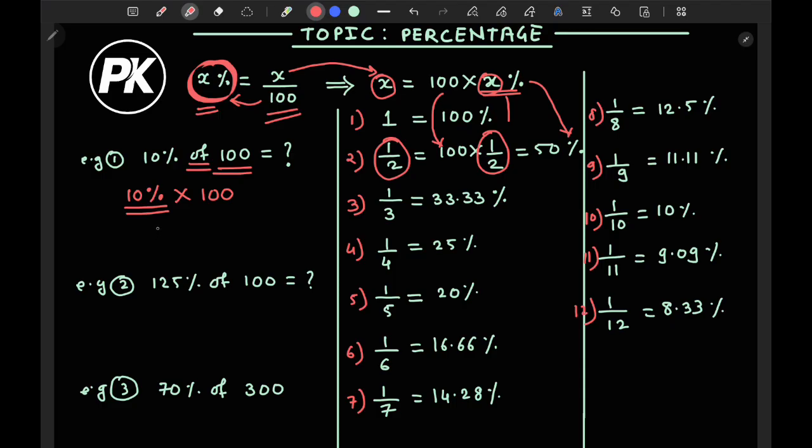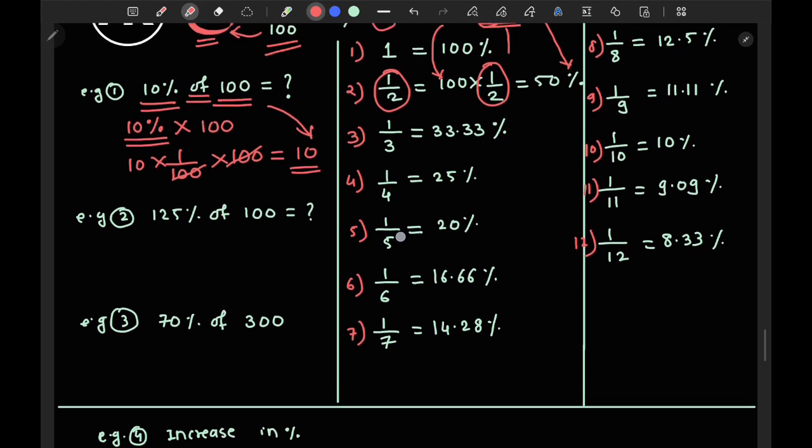I can write 10 percentage is equal to 10 into 1 by 100, and then into 100 as it is. So what is the final answer? It's 10. Hence 10 percentage of 100 is 10. This is clear. If not clear, we will see one more example.